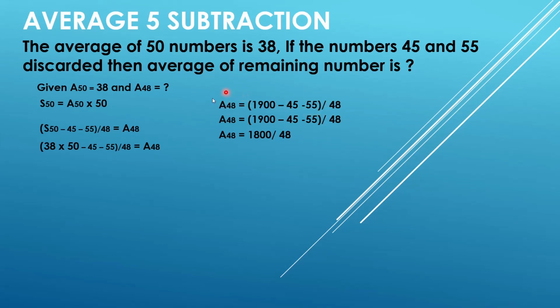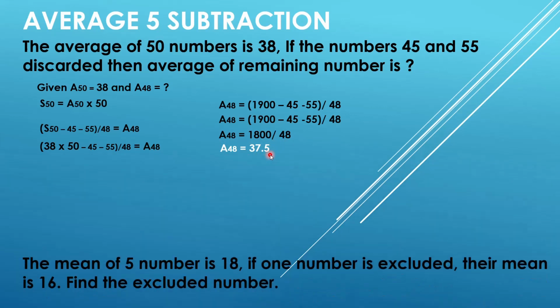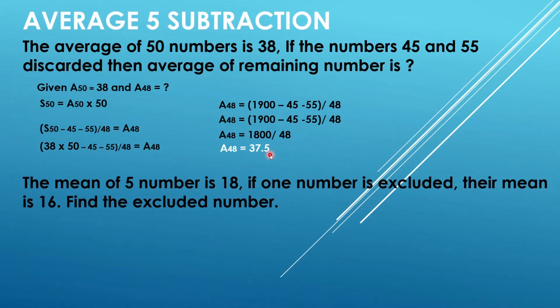So what will be the average? A48. That's why we have given 48 here. So A48 is equal to the sum after removing these two. Like this way you need to do. So A48 is 37.5. Okay, same example we can check in the next example.